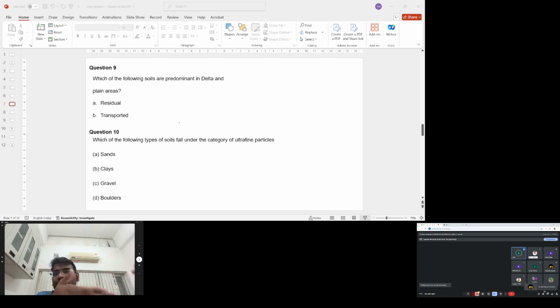For example, we have the Krishna Godavari delta, the Kaveri delta, and others in northern India. But when we call it a delta, sir, what do we mean? A delta is essentially a piece of land surrounded by rivers, formed due to alluvial deposits only. Okay, got it, sir.